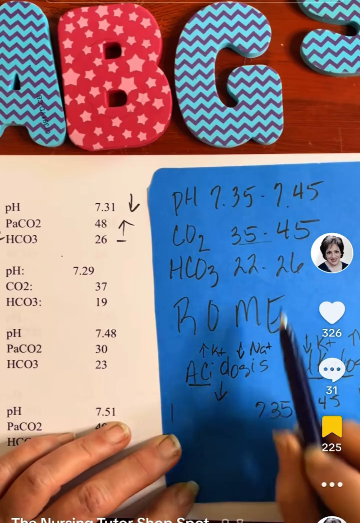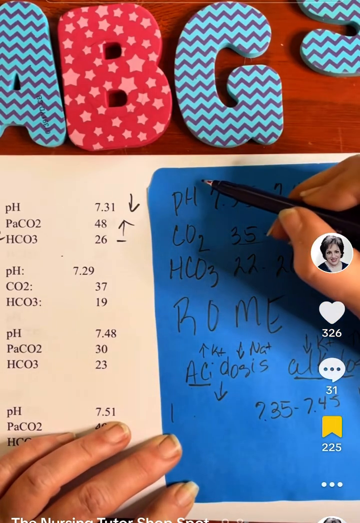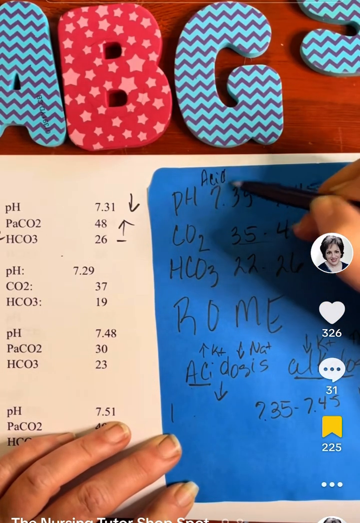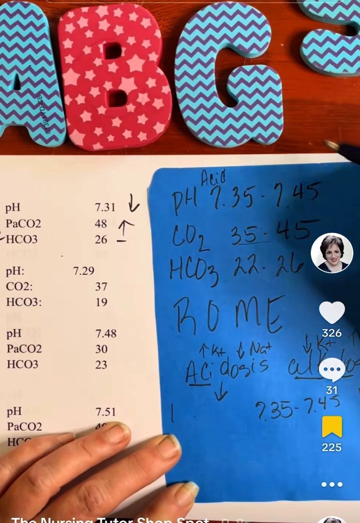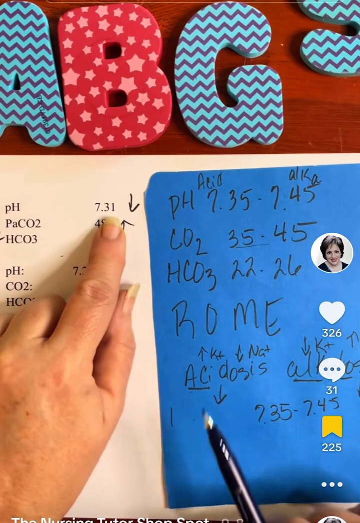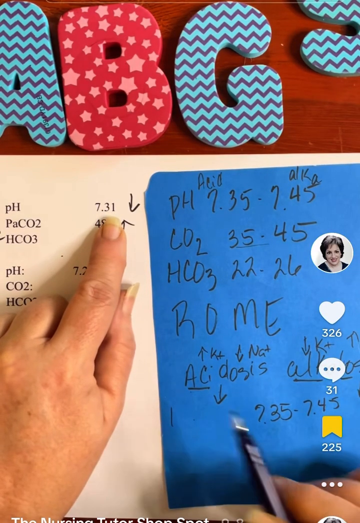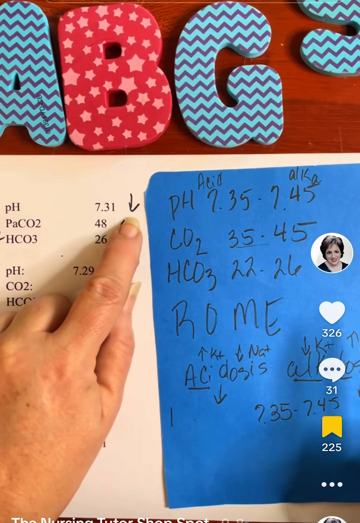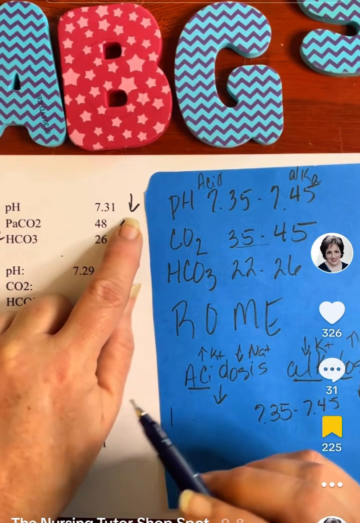So lower than 7.35 is going to be acidosis. Higher than 7.45 is going to be alkalosis. Okay? So the pH is simply telling us acidosis or alkalosis. This is acidosis.